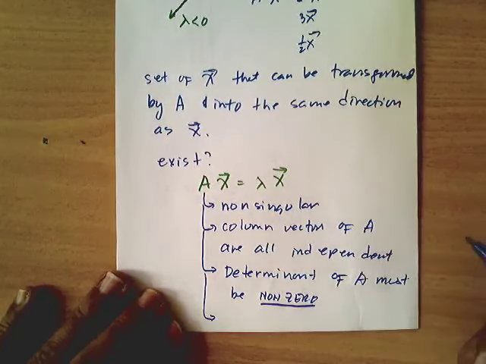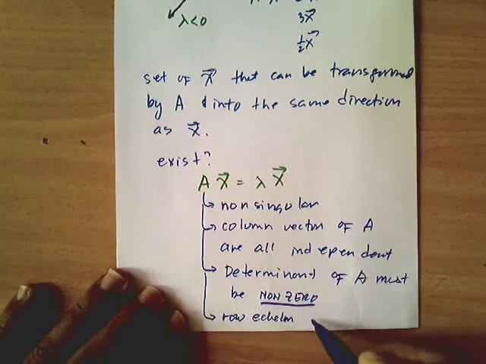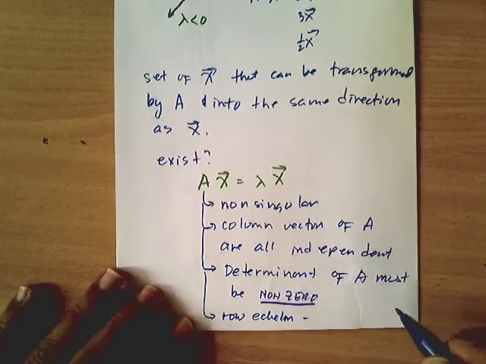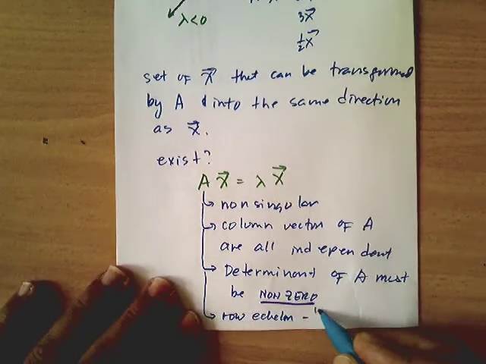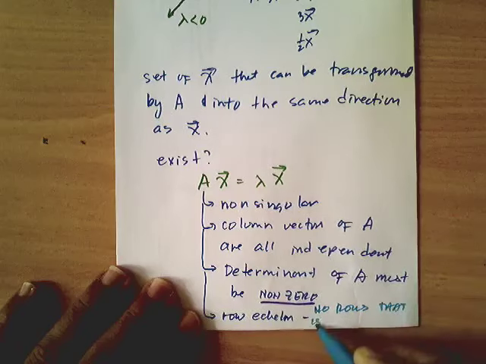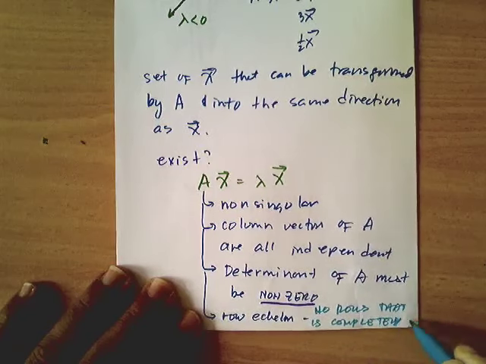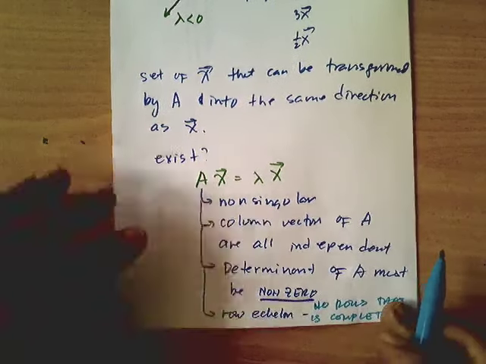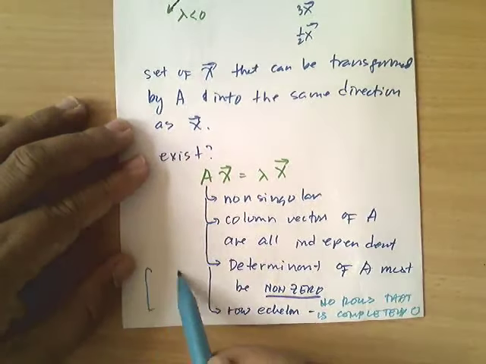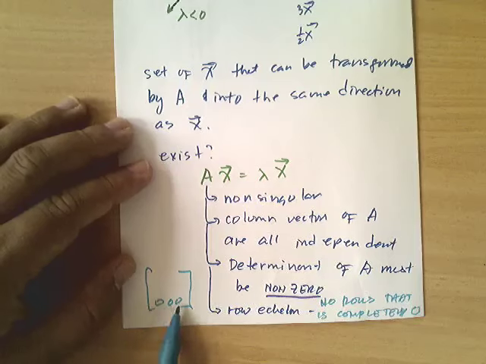Well, if we take the row echelon of the matrix, you could say that there are no rows that are completely 0. Meaning you will never encounter all 3 zeros at the bottom, or even in another row.